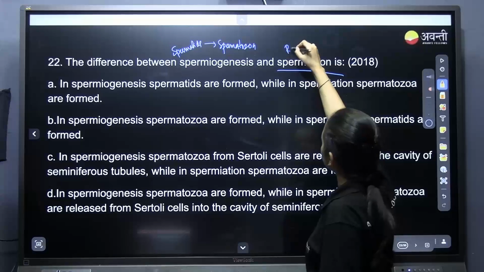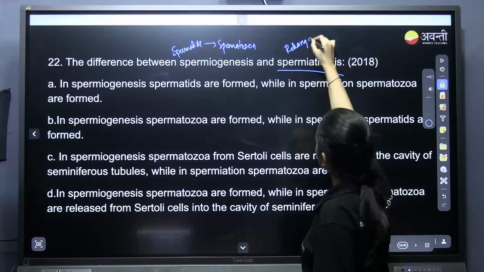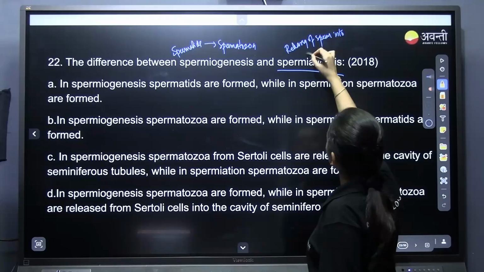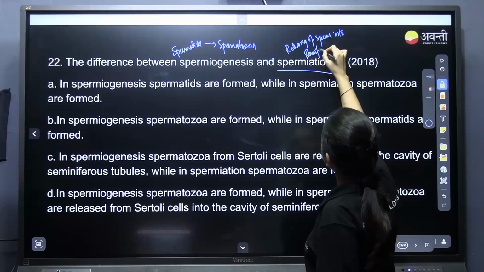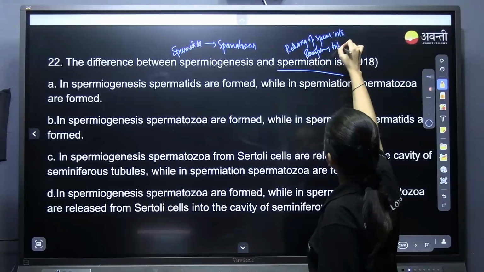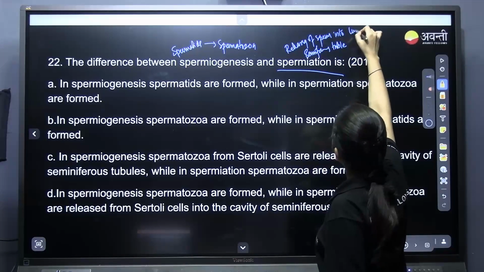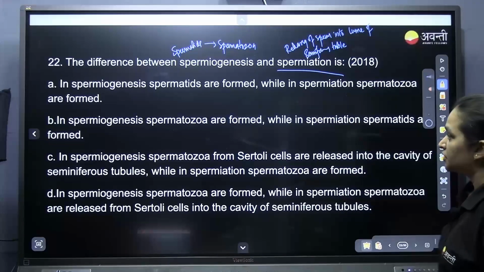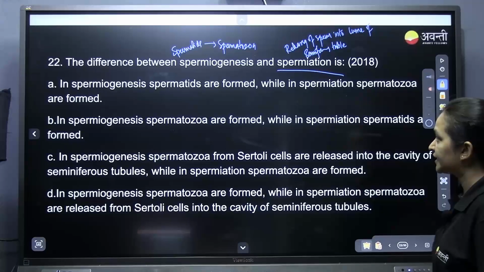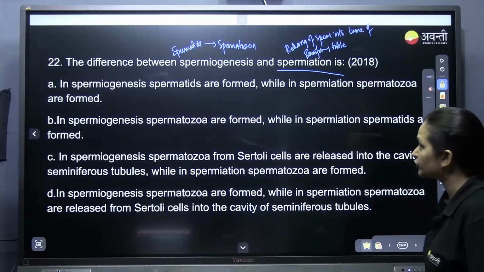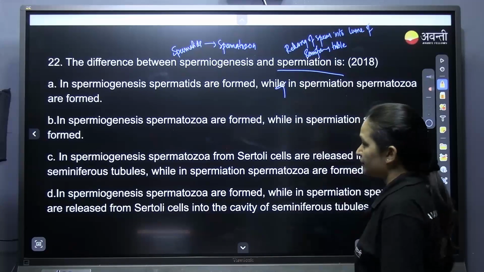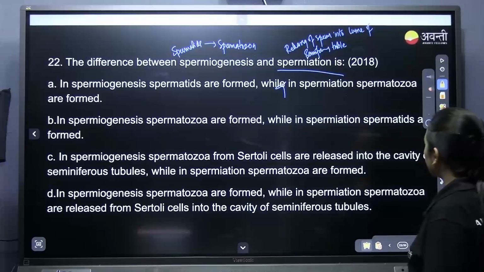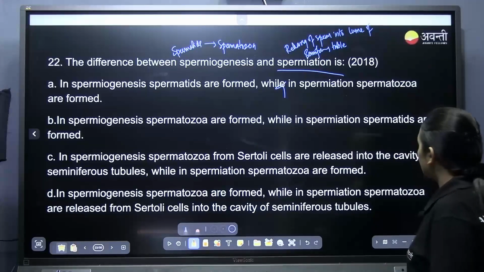Releasing of sperm into the lumen of the seminiferous tubule. Now tell me, in spermiogenesis, spermatids are formed. No, actually spermatozoa are formed. In spermiogenesis, spermatozoa are formed, correct? While in spermiation, spermatids are formed.